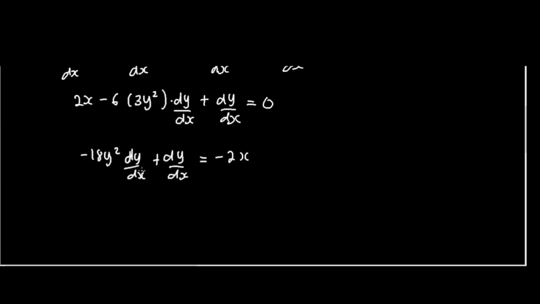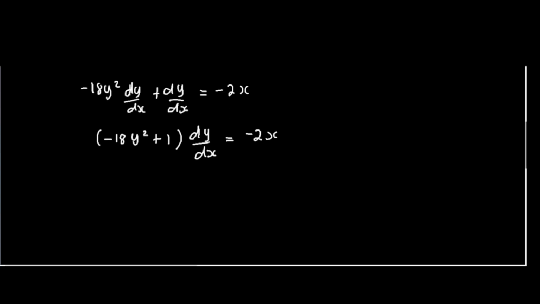And then we can factorize out the dy/dx in this part here. So we shall have negative 18y squared plus 1, and the whole of this being multiplied by dy/dx being equal to negative 2x.